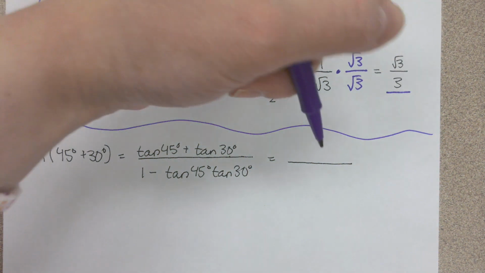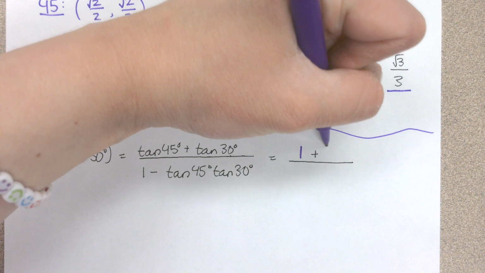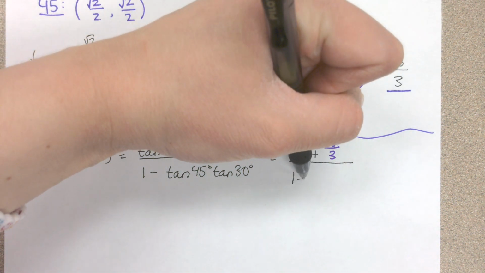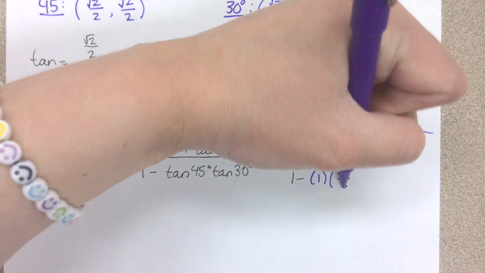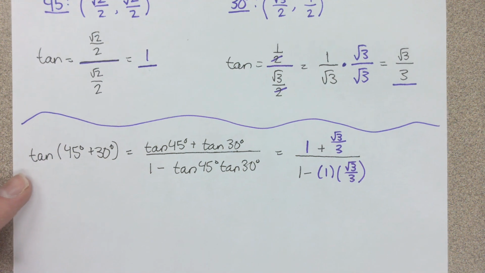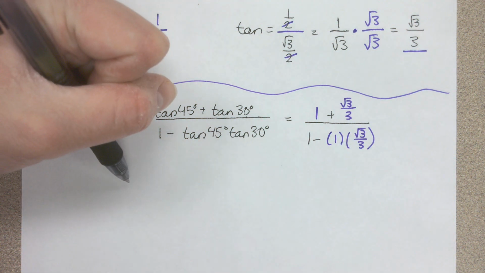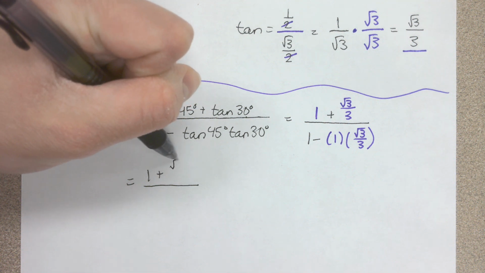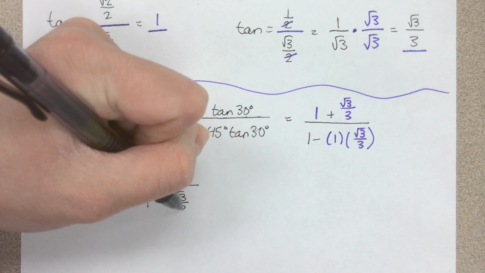Filling in, tangent at 45 is 1, plus tangent of 30 is square root 3 over 3, over 1 minus 1 times square root 3 over 3. One plus square root 3 over 3 over 1 minus square root 3 over 3.